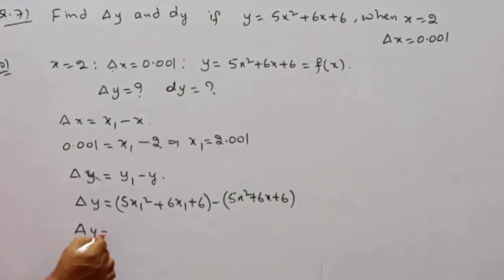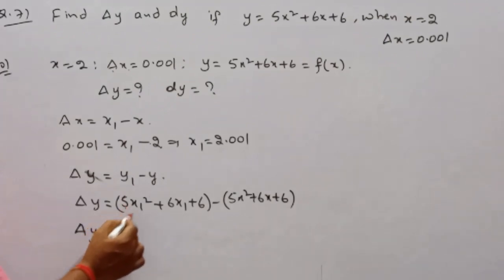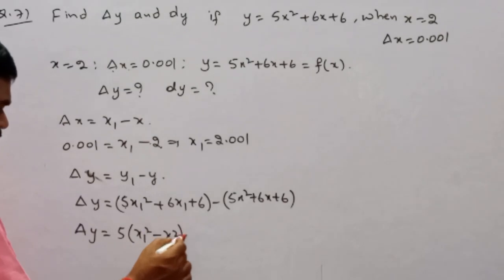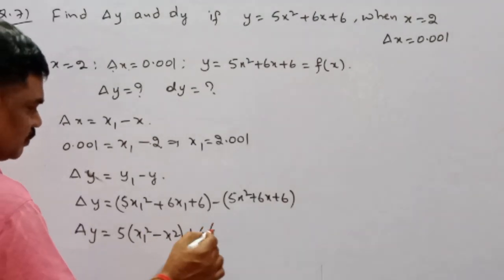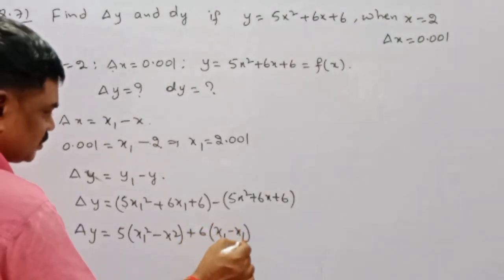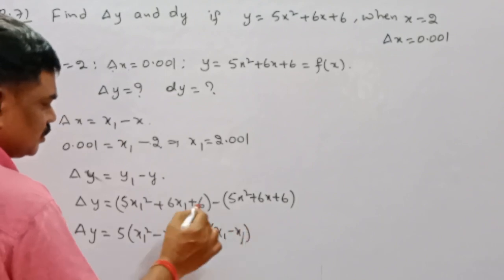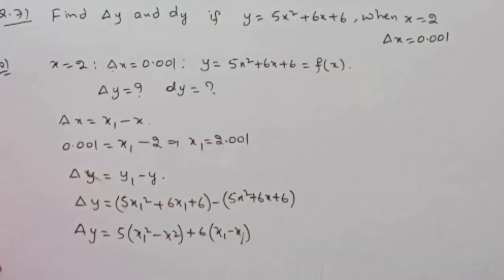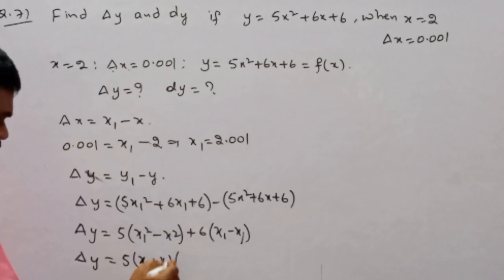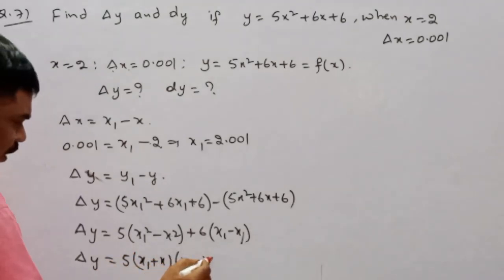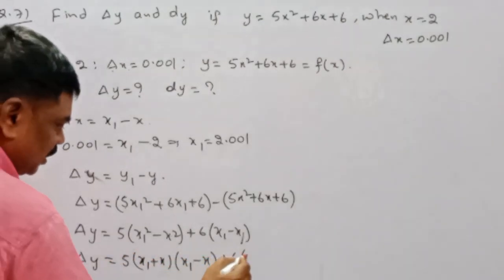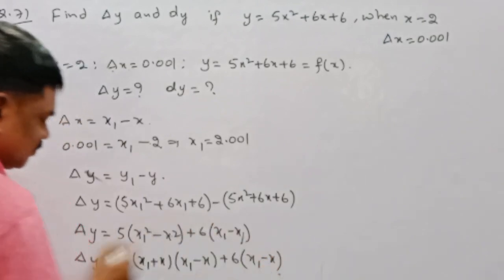So delta y is equal to 5 of (x1 square minus x square) plus 6 of (x1 minus x), and plus 6 minus 6 cancel. Delta y is equal to, using a square minus b square, (x1 plus x) into (x1 minus x), plus 6 of (x1 minus x).